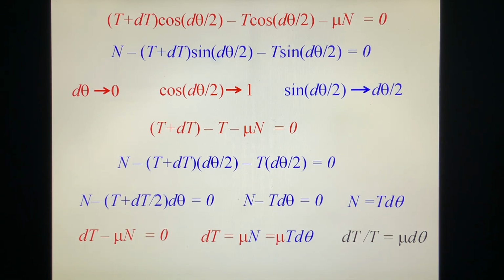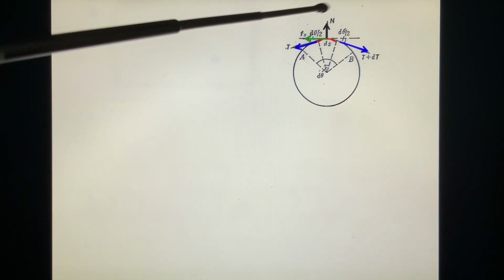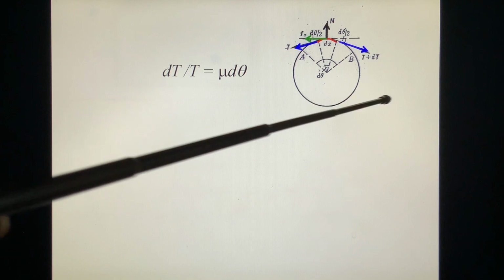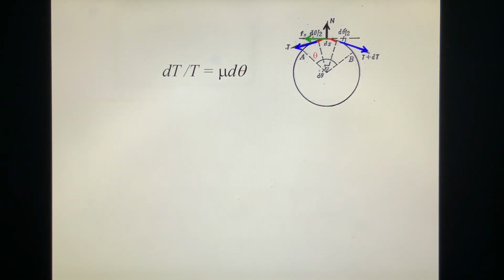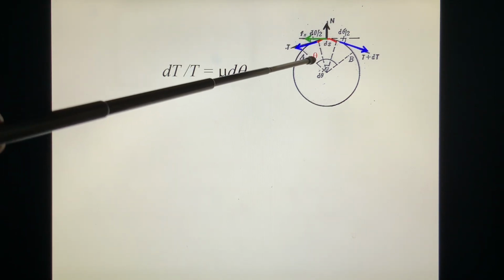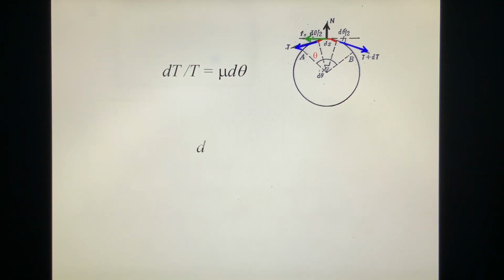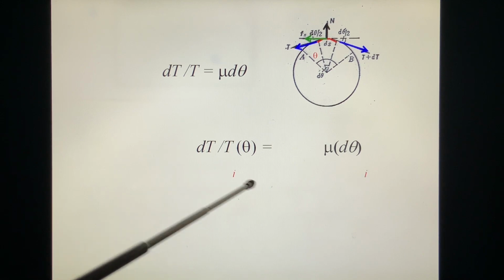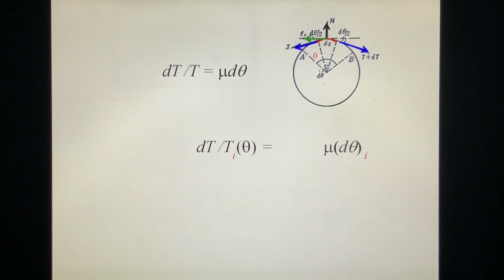Now, for the small section, I get this equation. Actually, we can have a lot of different sections. This is a section located at theta. I label it as number i. i can be 1, 2, 3, 4, so many, infinite. We write this equation for each section.